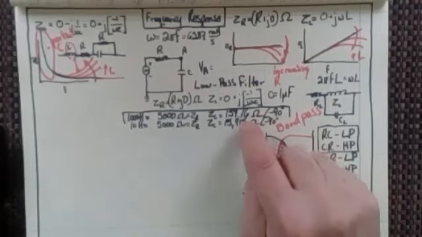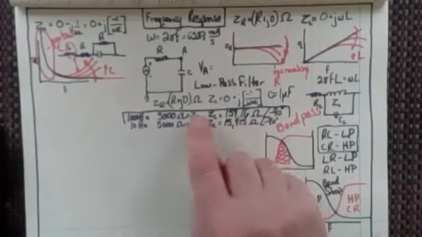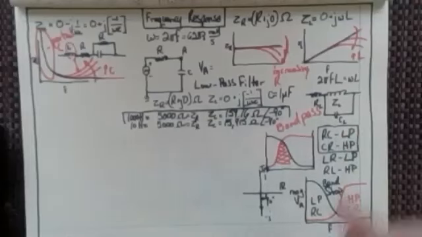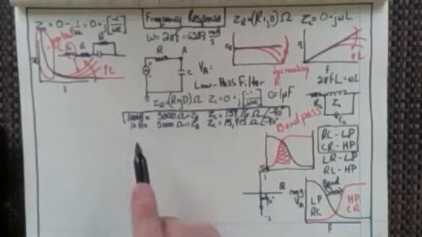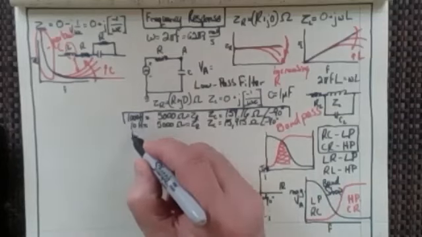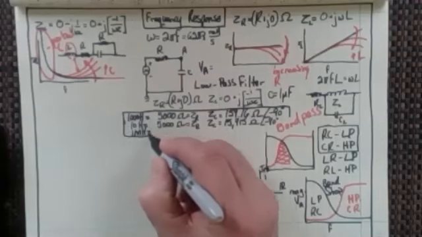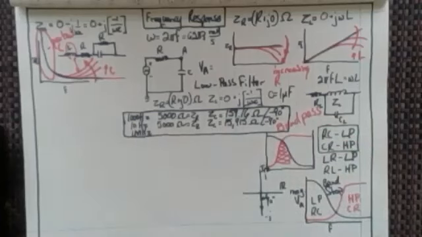At the lower frequencies I've got a capacitive predominance, but at the higher frequencies I've got a resistive predominance. That's what I wanted to show you. We could take it even further. Why don't we go to something like 1 megahertz, right? Let's go to the other extreme too. I don't want you just to take my word for anything. I want you to understand why I'm pointing these things out.